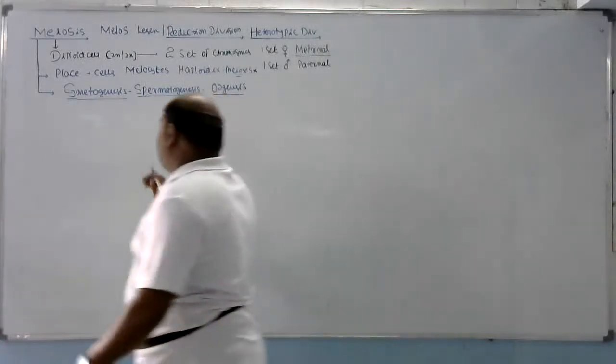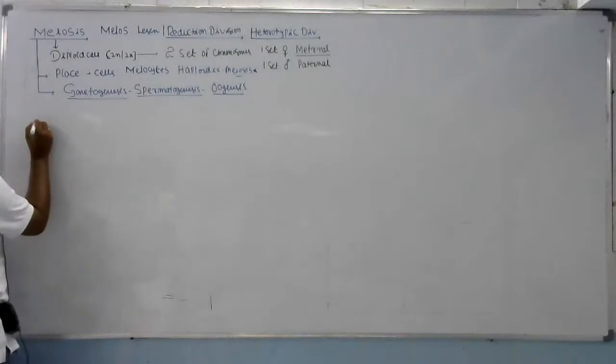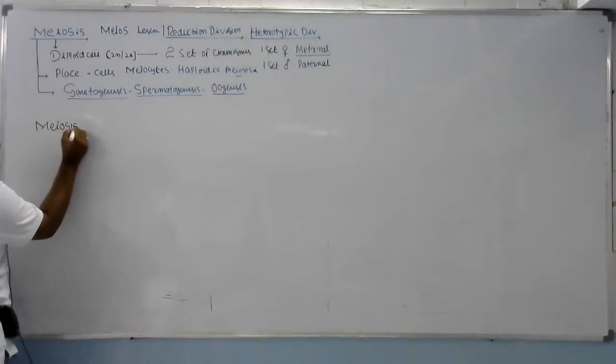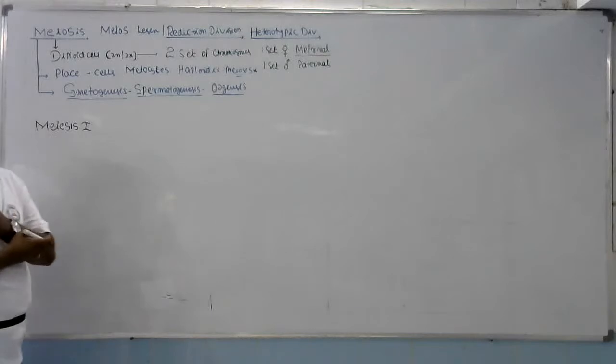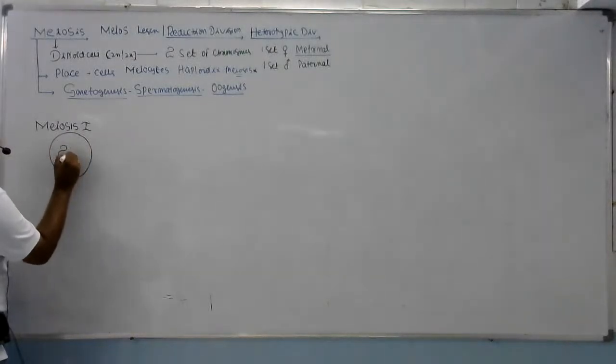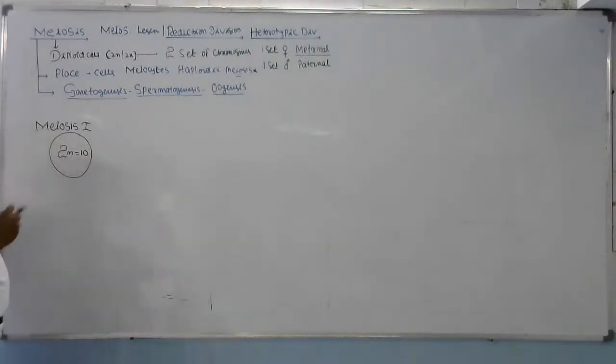The entire meiosis process is classified into two types. One is meiosis 1. In meiosis 1, what happens? For example, I would like to take 2n equals 10 chromosomes.